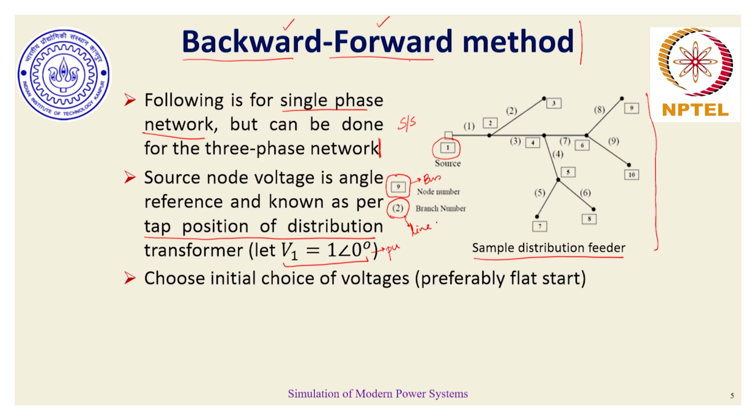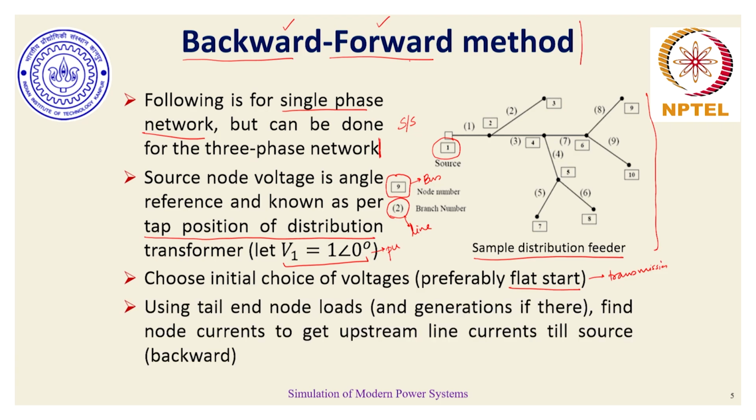So what does this forward-backward method or backward-forward method do? It starts with an initial choice of voltages, preferably a flat start, the way it was done for the transmission network power flow analysis. Based on this, the method starts with the farthest end buses, such as in this case, buses number 7, 8, 10 and 9. Using this, we try to find the corresponding currents that would be flowing on these lines in order to feed the load or injection at the far end buses.